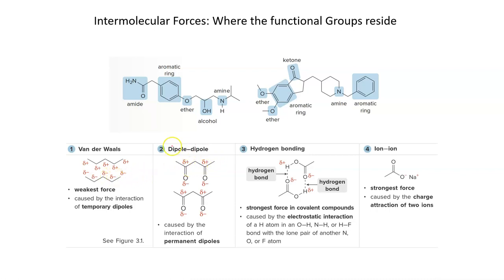Next, we have dipole-dipole, where we have those sustained and permanent dipoles between less electronegative elements and more electronegative elements, like something that's attached to carbon and an oxygen, for example. We have a disparity in how these things share these electrons in the bonds, and then we get these permanently set up dipoles.